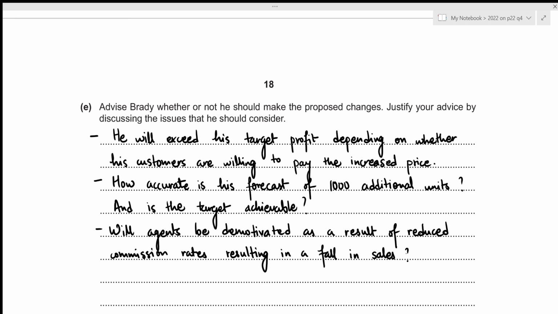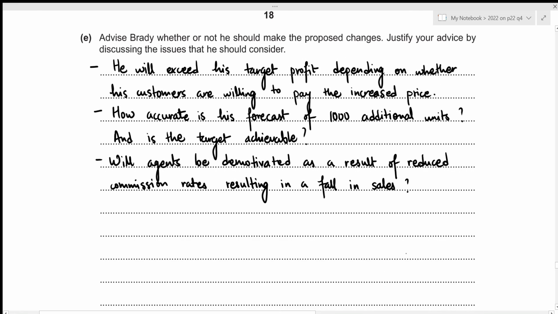And since we are talking about increasing the number of units by 1,000 units, does this mean that any overtime will be required and whether or not the workers are prepared to work overtime? Let's write it down. Will overtime be required to meet the additional output?